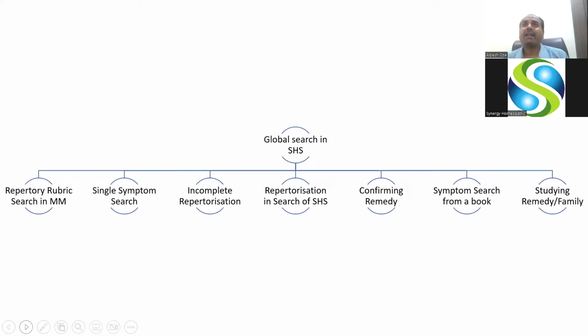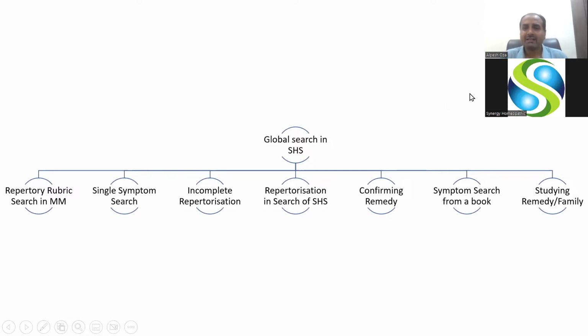And then there can be certain instances where you have read some clinical conditions in some book, but you will not be able to find that out easily because you'll have to scan through the whole book manually and it takes a lot of time. So, symptom search from a particular book like Boericke or Clarke.